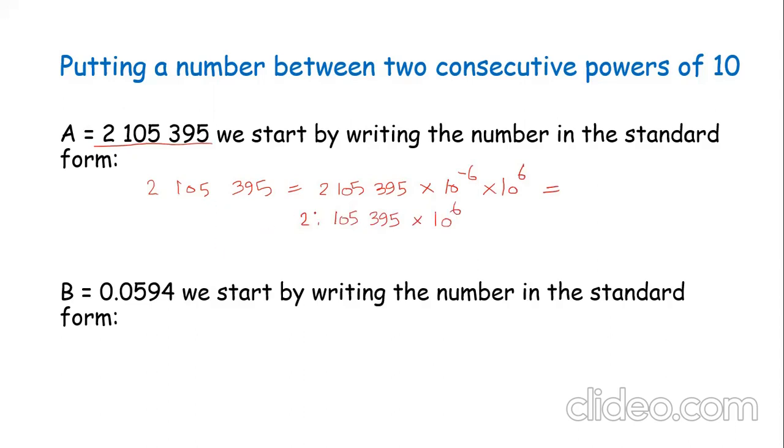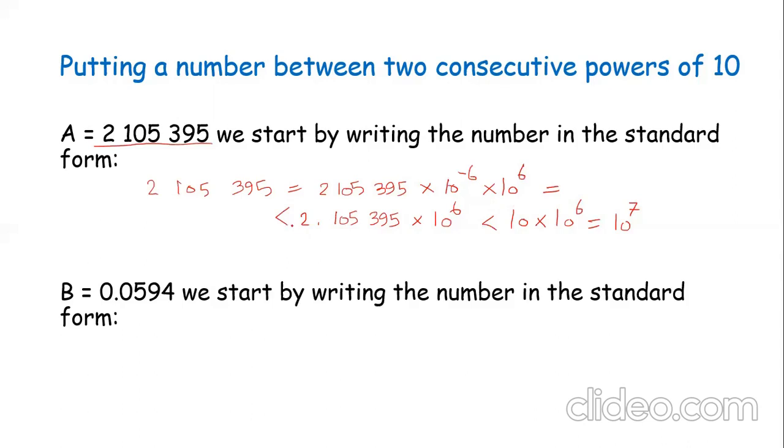Now we notice that 2 point, the rest is smaller than 10. So we can see that this is smaller than 10 multiplied by 10 to the power of 6, which is equal to 10 to the power of 1 plus 6 equals 7. At the same time, 2 point, the rest is bigger than 1.